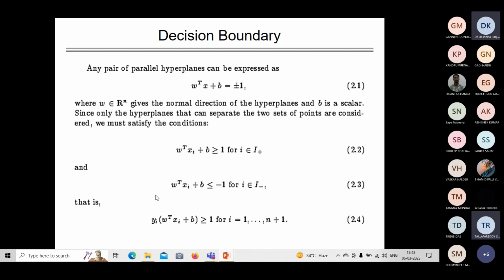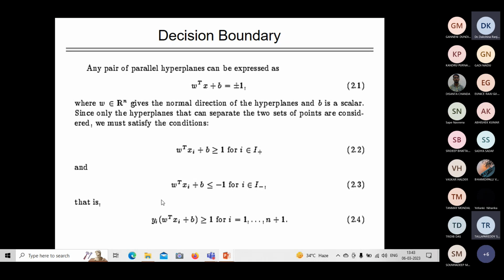In the other condition, we get W transpose Xi plus B less than or equal to minus 1 when Xi belongs to the negative class of red points.